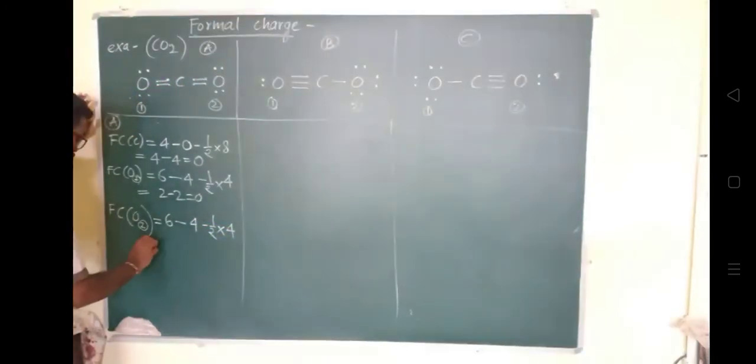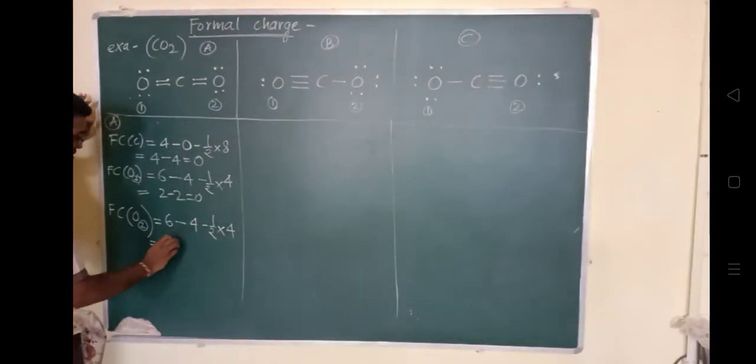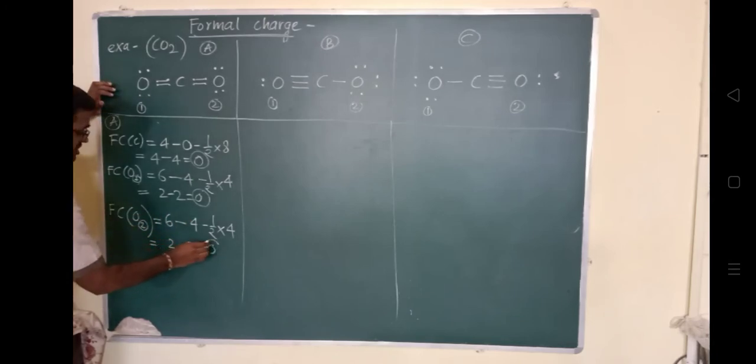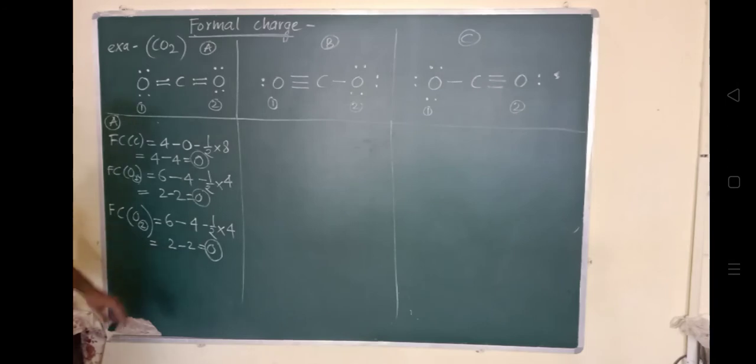So here also 6 minus 4 is 2, 2 minus 2 equals 0. You check for all: for carbon the formal charge is 0, for the first oxygen atom it is also 0, and for the second oxygen atom the formal charge is also 0.